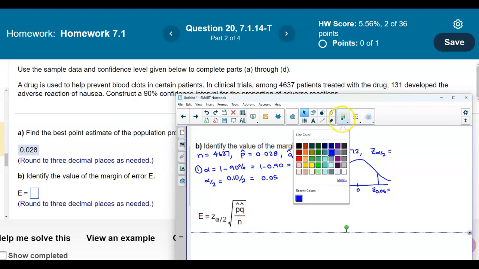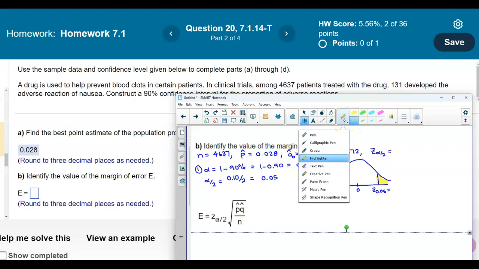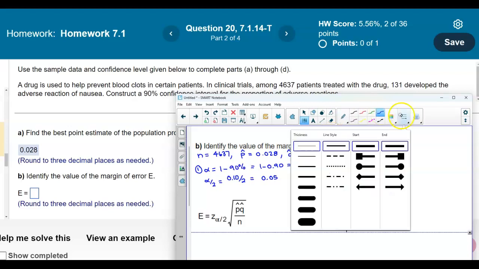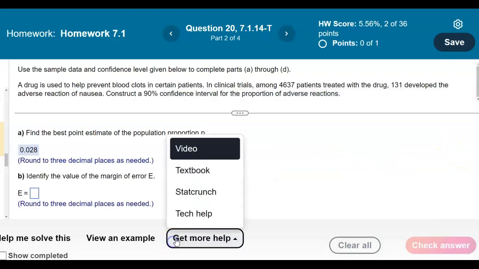So we're going to use this shaded area to the right, which represents 0.05. What we're looking for is the critical value where z is greater than or equal to the critical value that gives us an area of 0.0500. Okay, so we're going to open up StatCrunch to help us with this.